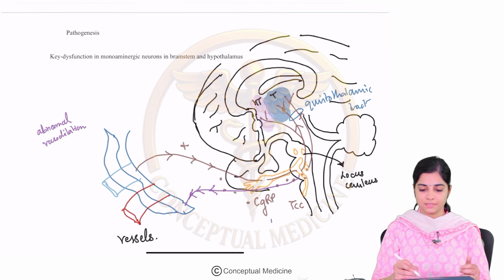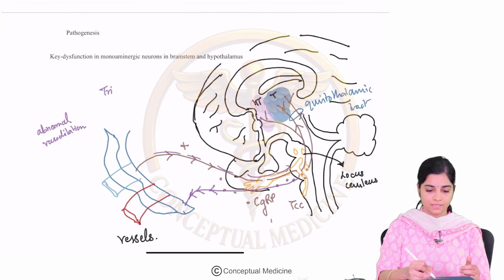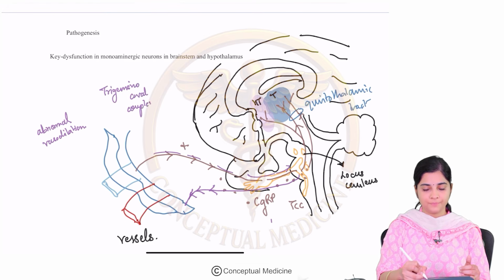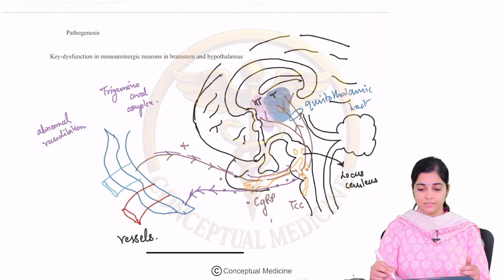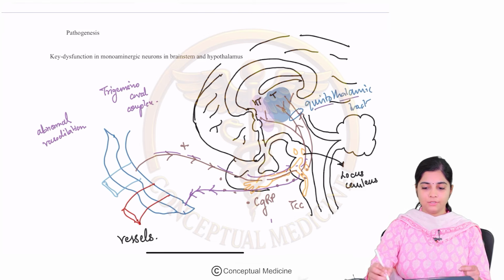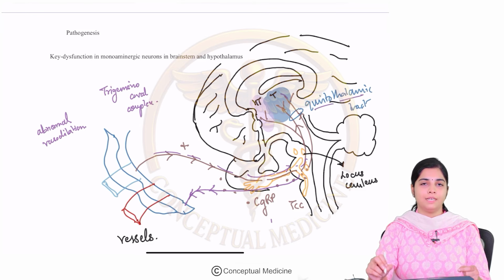These impulses are then transmitted to the trigeminal nucleus, which then transmits it to the trigemino-cervical complex. The trigemino-cervical complex then carries this information to the quintothalamic tract, to the thalamus and the hypothalamus.